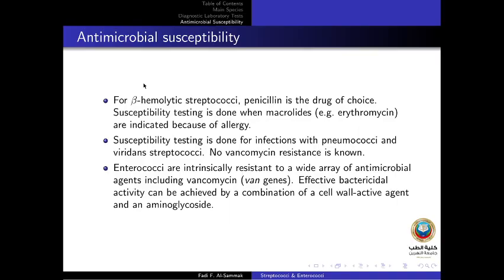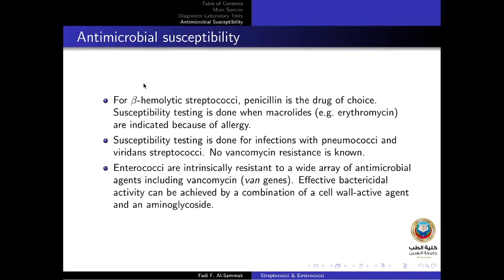Now for the second group, susceptibility testing is done for infections with pneumococci and viridans streptococci, and there is no antibiotic resistance to vancomycin. However, the third group, the group D streptococci, and particularly enterococci, are intrinsically resistant to a wide range of antimicrobial agents, including vancomycin.